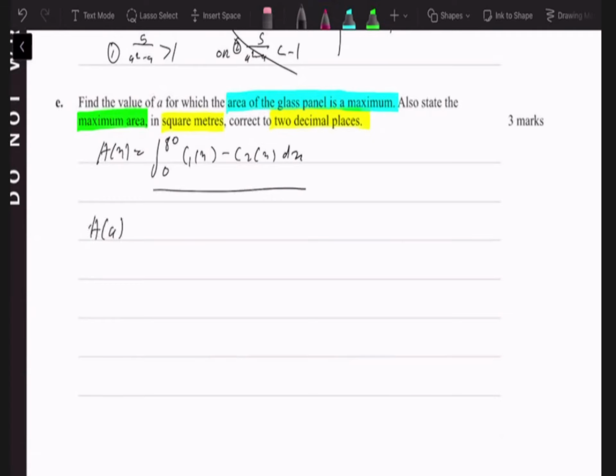You'll get a function of a, because it will expand this, cos 8 minus 10a squared, cos 8 plus 10a plus 400. So now you have a function of the area in terms of a, and you can easily find a max, which is 402.68 meters squared when a is half.